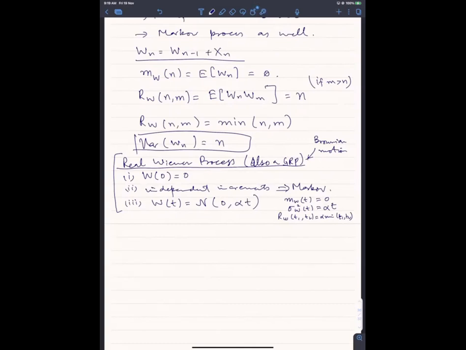You can talk about the power spectral density of these random processes, and we have not covered that. This autocorrelation function, there is a very remarkable theorem which relates the power spectral density of a random process with the autocorrelation function through a Fourier transform. So we have not been able to talk about that. Leaving that for some other course.